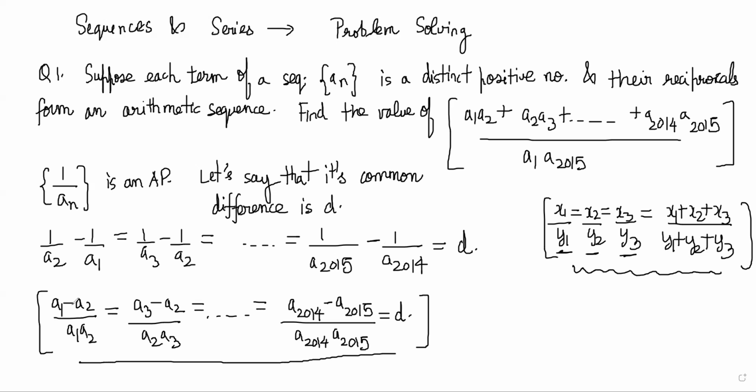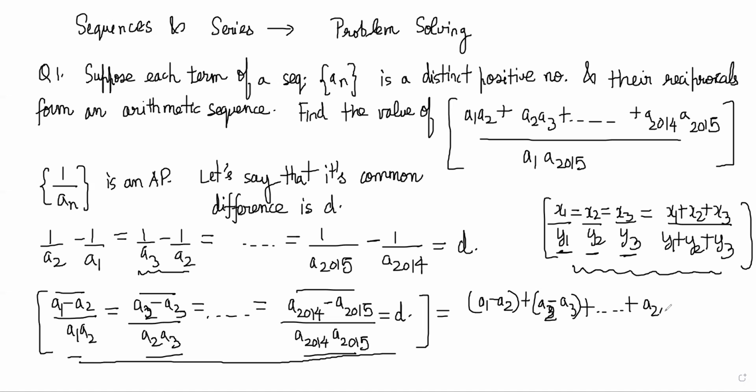So you can see that this is my x1 and this is my y1, this is x2, y2 and so on till xn, yn. So this should be equal to a1 minus a2 plus, actually this should be a2 minus a3. If you notice here, I have made a mistake. This should be a2 minus a3. So I have here a2 minus a3 plus so on till a2014 minus a2015.